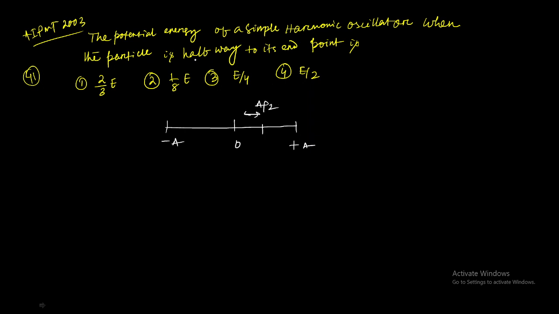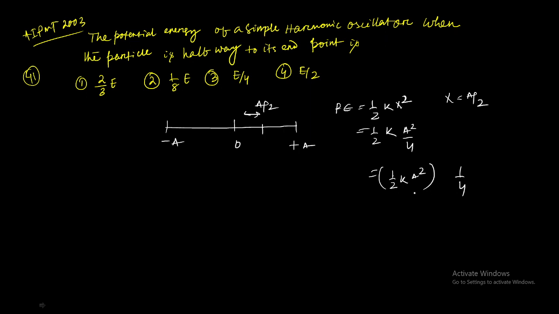Here they are asking the potential energy, right? So potential energy can be written as half k x square, here equal to half k a square by 4, because x equals a by 2. Now this will be half k a square into 1 by 4, and total energy equals what? E is total energy.